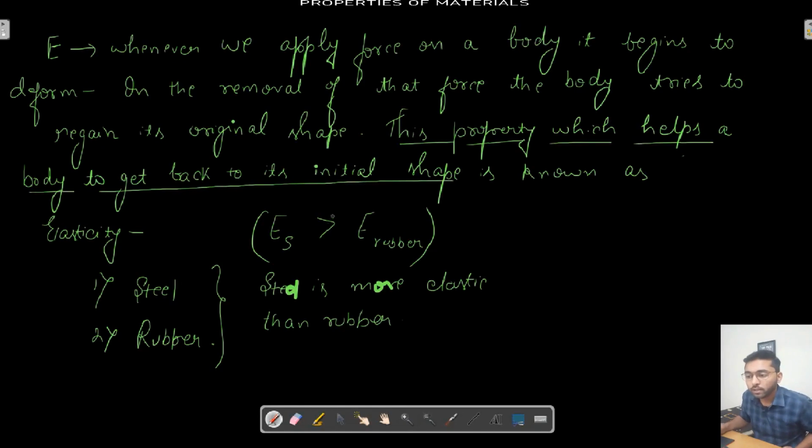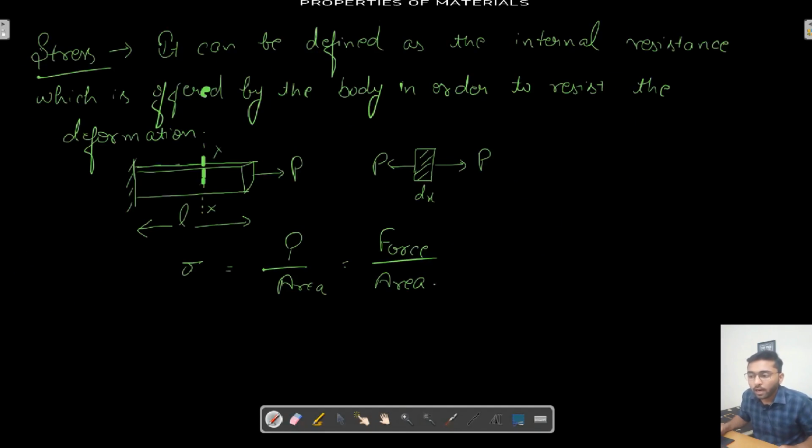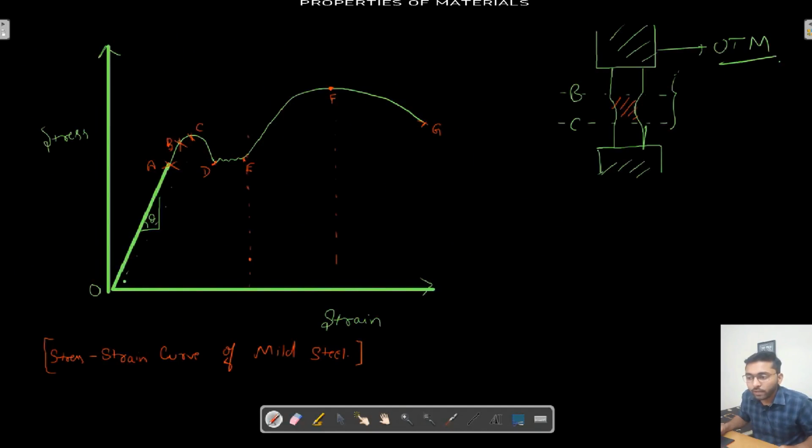So what is the elastic limit point? It can be said that after we reach this point, if we try to remove the force, the body again tries to regain its original position, and it successfully does that. But if we try to increase the stress beyond this point, like if we reach this point C, or if we further reach point D, then on the removal of force at that point, the body won't recover its entire initial position.